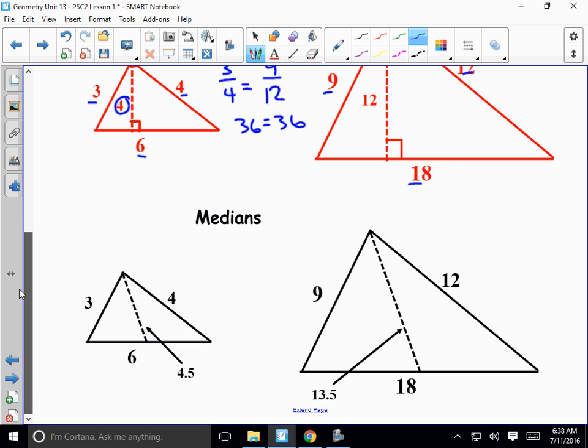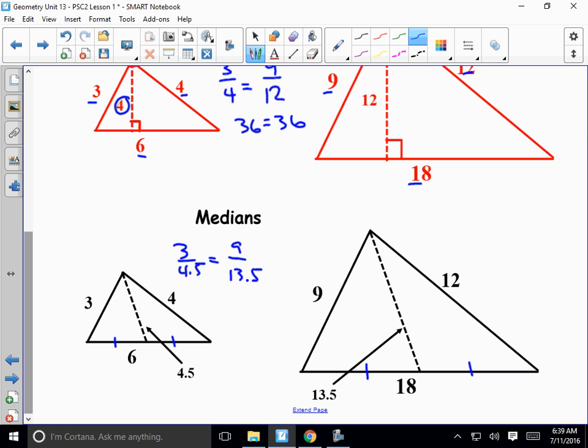And then the last thing that we can do is look at the medians. Remember, the medians cut the triangle into 2 equal pieces. So now we've cut that into equal lengths. And then once again, looking at our proportions, 3/4.5 equals 9/13.5.